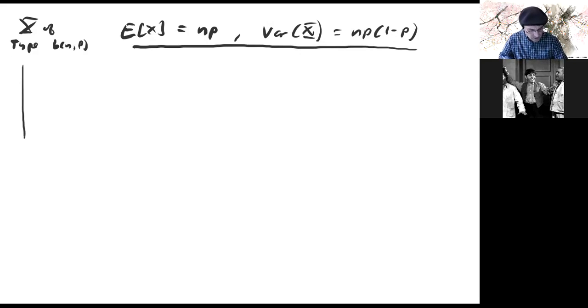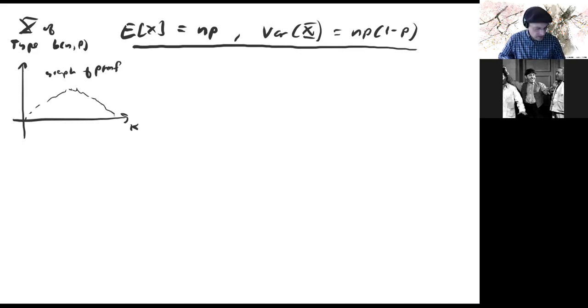It's a discrete random variable, but you have the k-axis, and we can graph the PMF and ask what it looks like. And it turns out that it's going to look something like this. It's going to go up and then down, and we're going to show that right now.